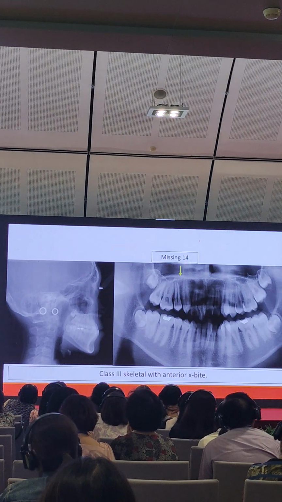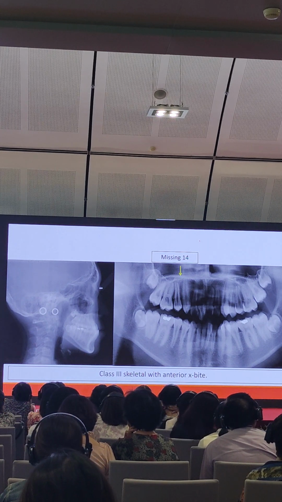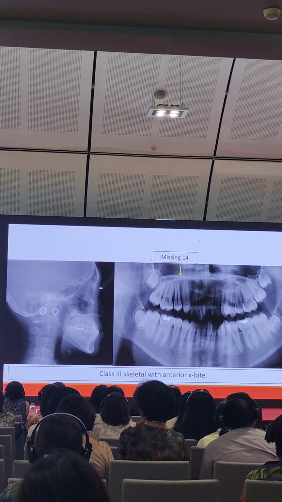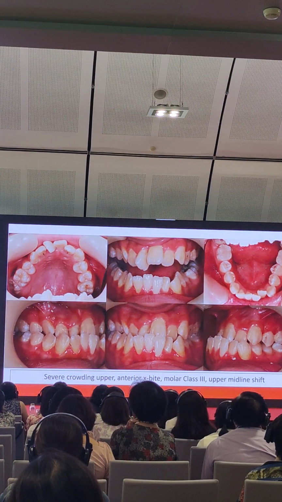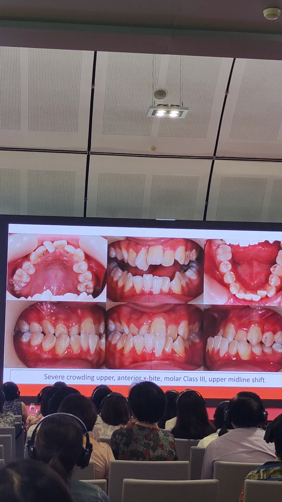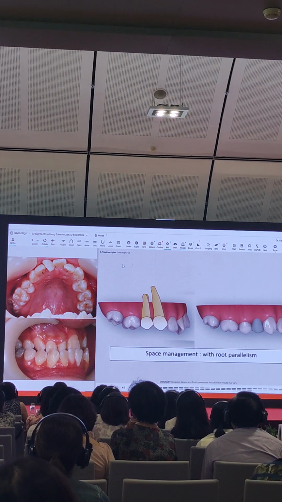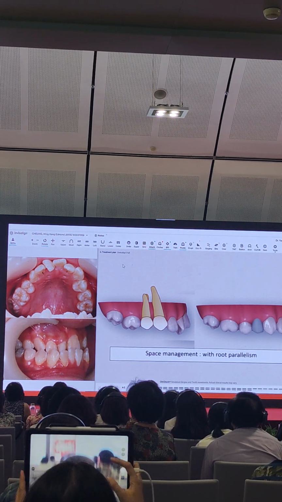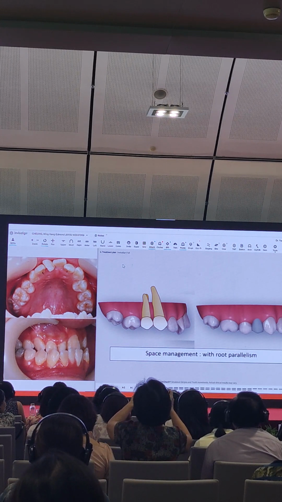So what we need to do is plan orthodontically. First, we plan how to correct his crowding, correct his anterior crossbite, and open up the space to restore 2-5 to 2-4, 1-4. Okay, while we open up the space and correct the posterior crossbite and anterior crossbite, we need to address the root parallelism.